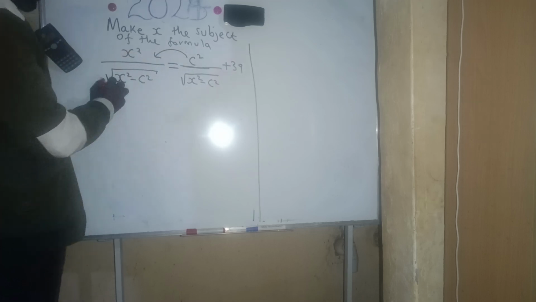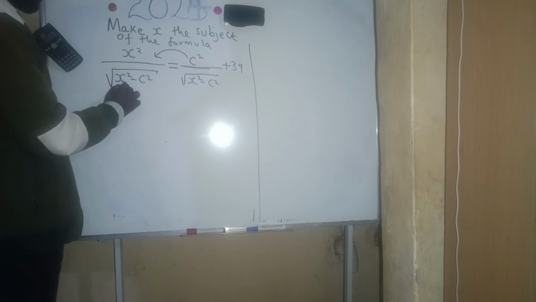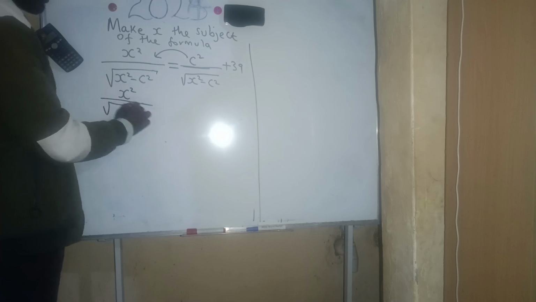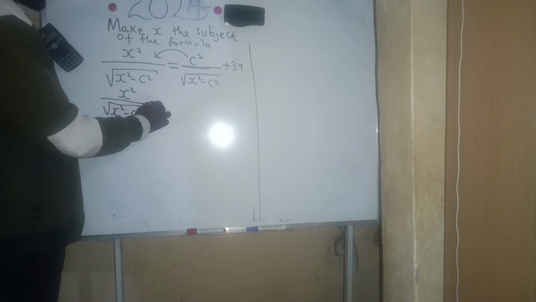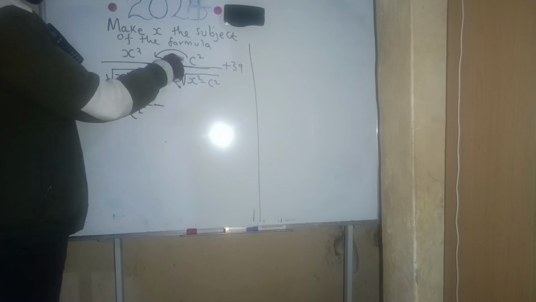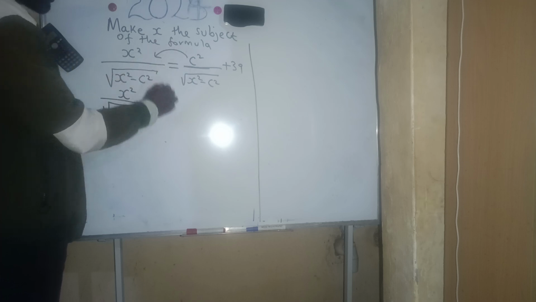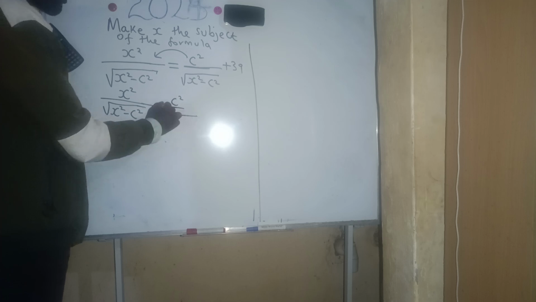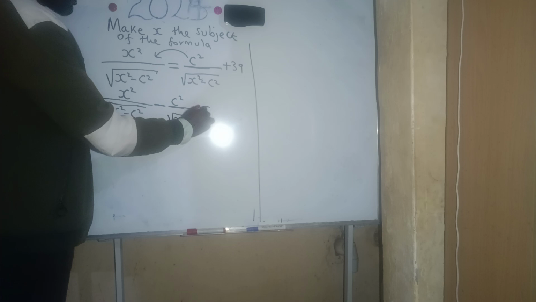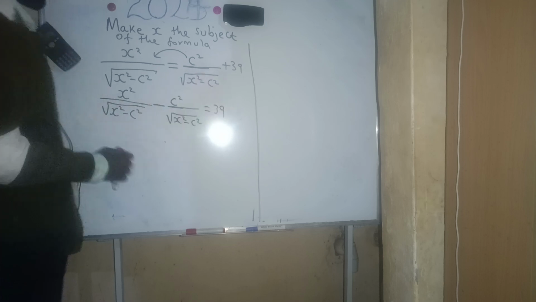So we have x squared over the square root of x squared minus c squared, then minus c squared over the root of x squared minus c squared, and this must be equal to 39.